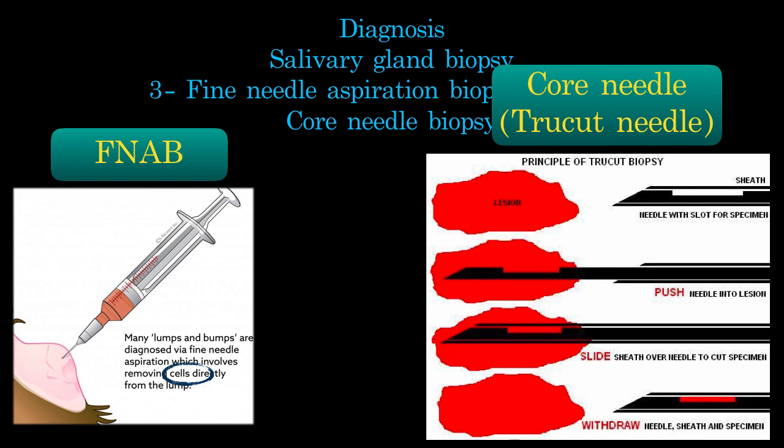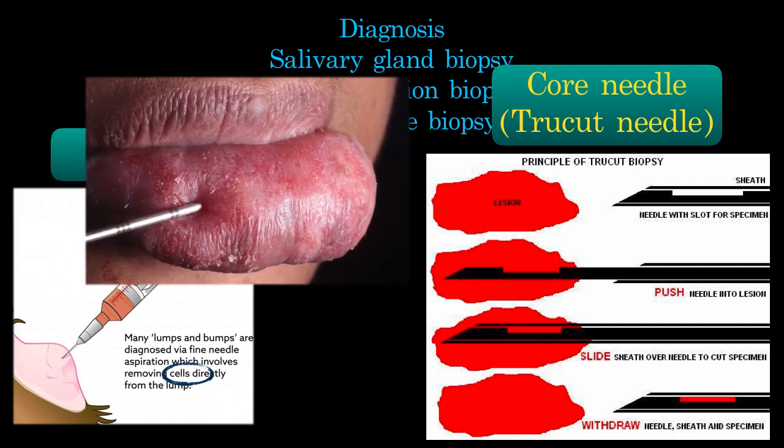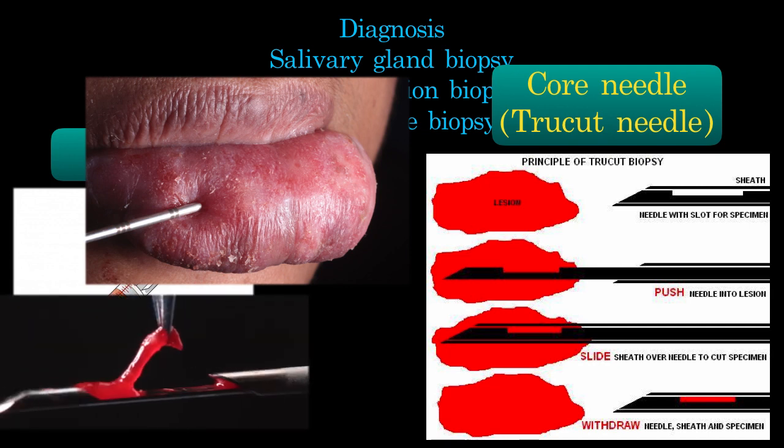The result is a small piece of tissue lying in the trough of the true cut needle. Let's see how it looks in real life. This was a case with lip enlargement, and we took a biopsy from this enlargement using the true cut needle as shown in the picture.